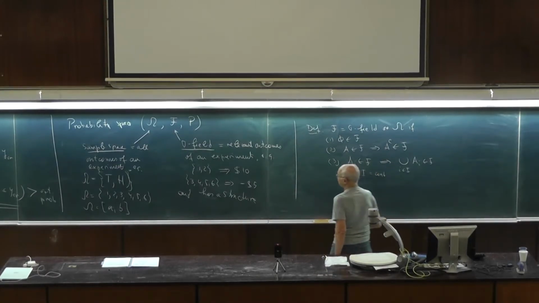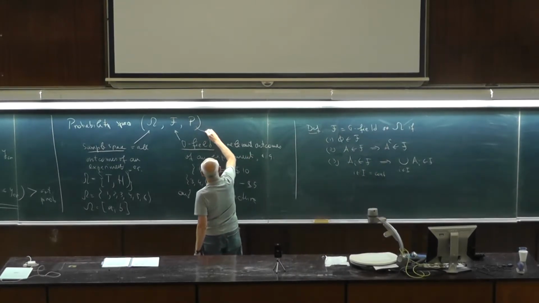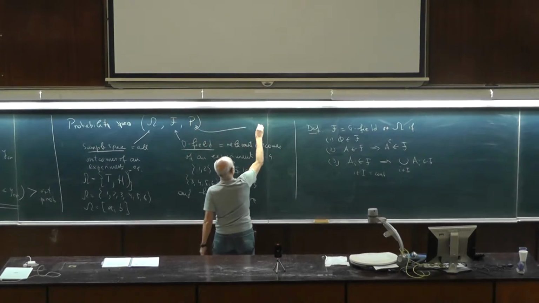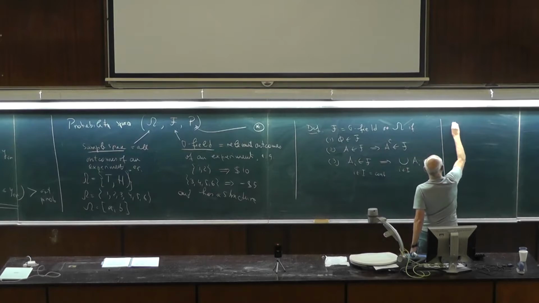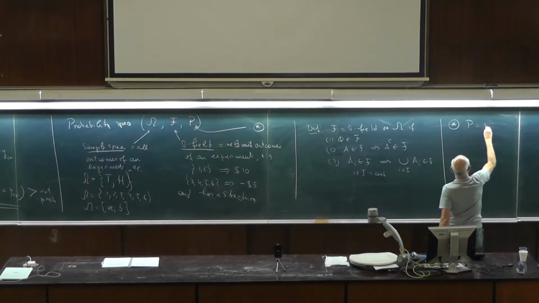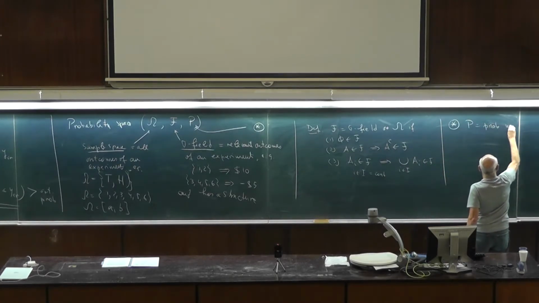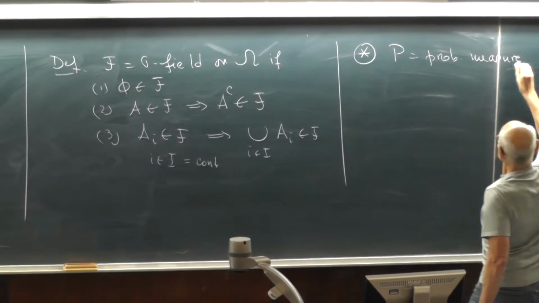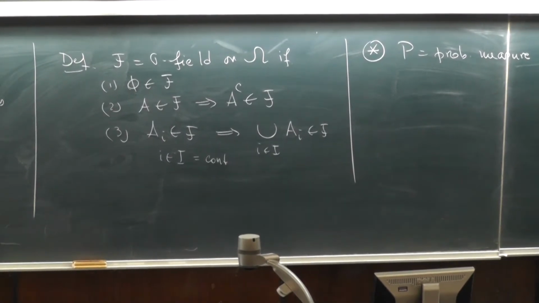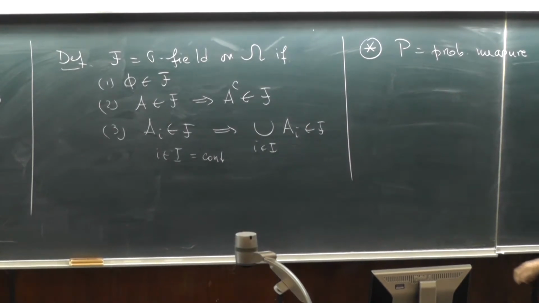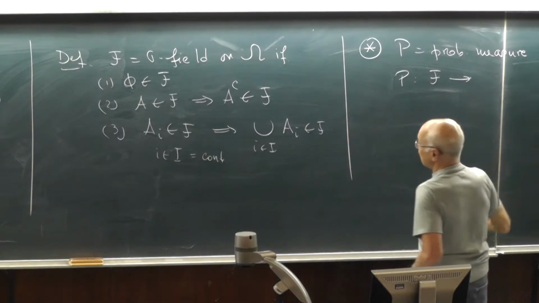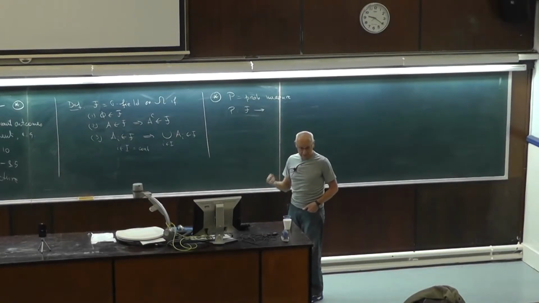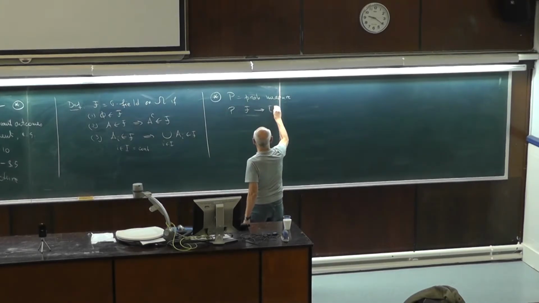And finally, the probability measure. I'm going to put a star and move somewhere here to define it. P is a probability measure. This is a function defined on the set of events, that is a sigma field, the set of events which is relevant to an experiment, with values in 0, 1.